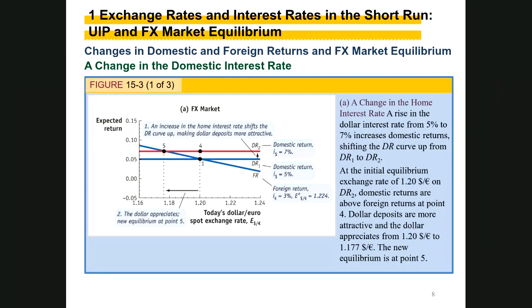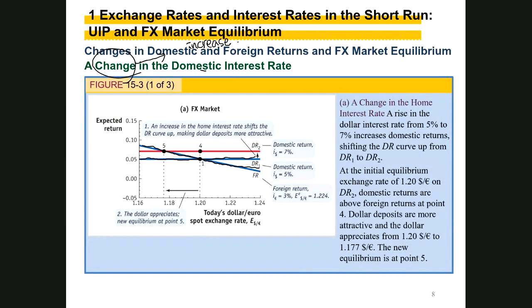Okay, the original line is in blue. This is my original line under the original condition. Now a change in the domestic interest rate, which should be an increase in the domestic interest rate. How do we use the graph to represent it?